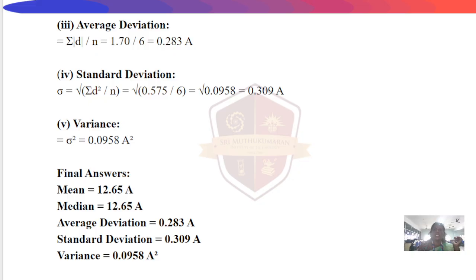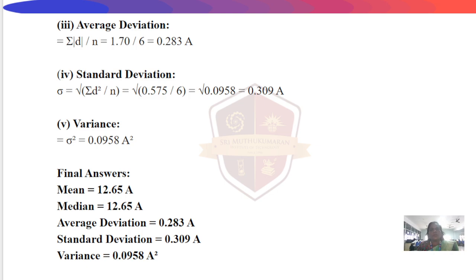Average deviation is calculated by dividing the sum of absolute deviations by the number of observations. So average deviation equals 1.70 divided by 6.